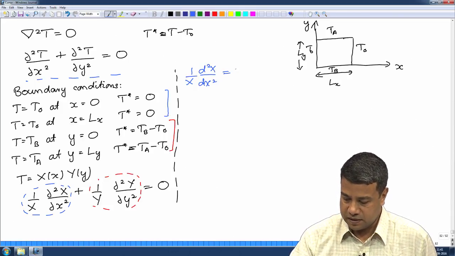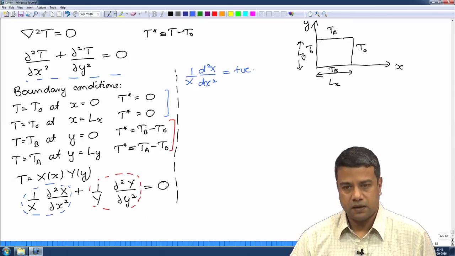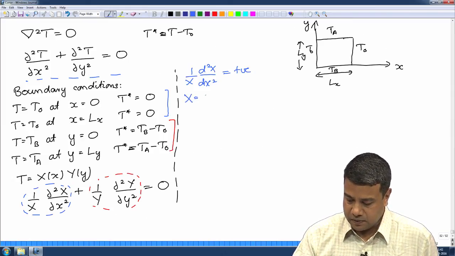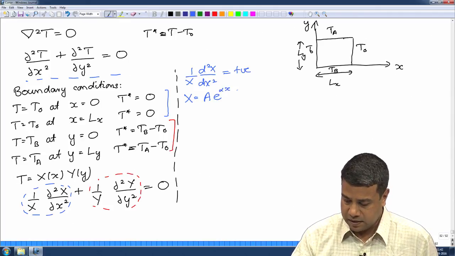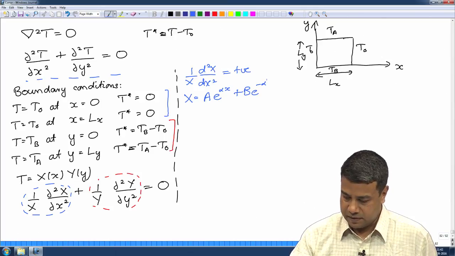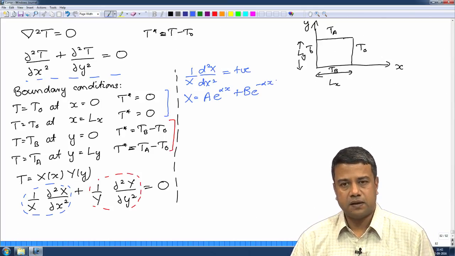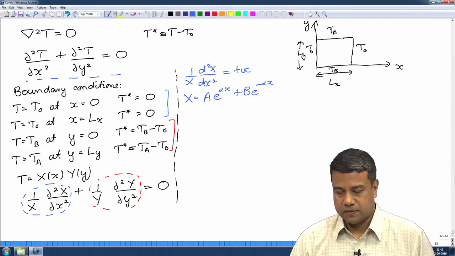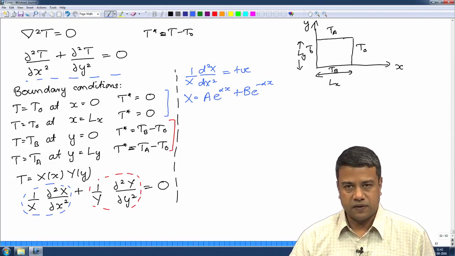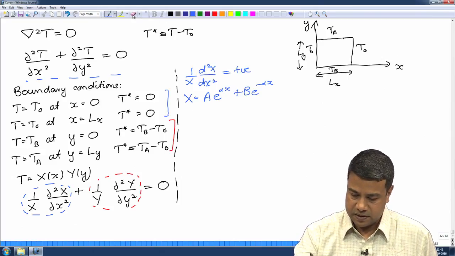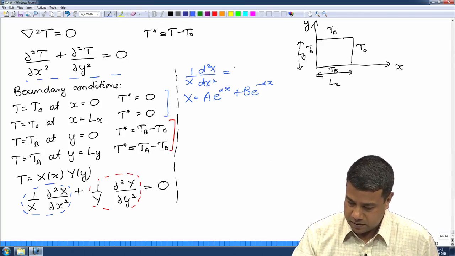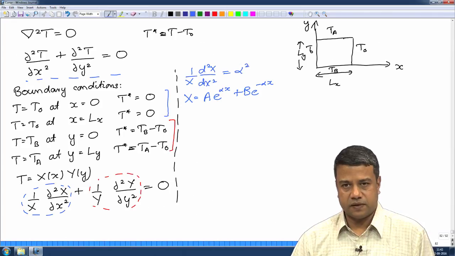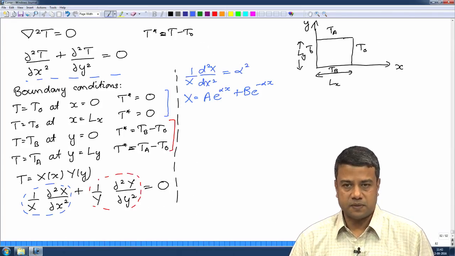One is if the constant is positive, in which case X will be equal to a e power alpha x plus b e power minus alpha x. A second order equation with a positive constant, alpha square, a positive number. The solutions will be exponentials.